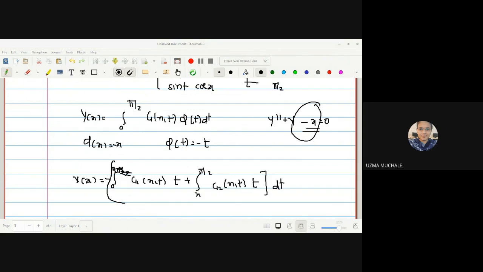In the interval 0 to x, what is your g1? sin t cos x.